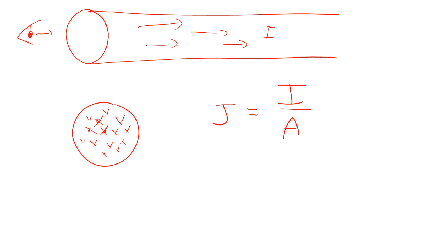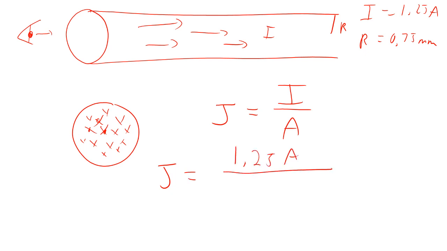So let's consider a case in which we are looking at a wire with a current of 1.25 amps, and let's say the radius is 0.75 millimeters. I want to know what the current density is in there. So the current density is going to be 1.25 amps divided by 0.75 millimeters. Well, that's actually not really what we want, because we want this in SI units.